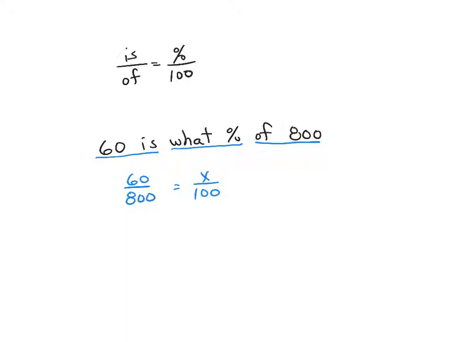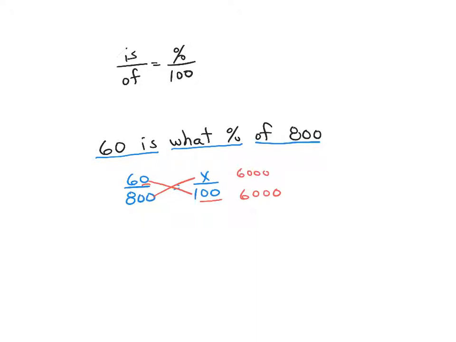Okay, hopefully you've had a chance to go through and solve this. If I was going to solve this, I know that 60 times 100 is going to be 6,000, because remember, I have 1 zero here and 2 zeros here, which means I need 3 zeros in the answer. So I know that 800 times x also has to give me 6,000.